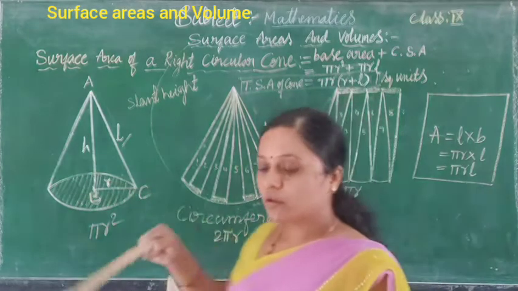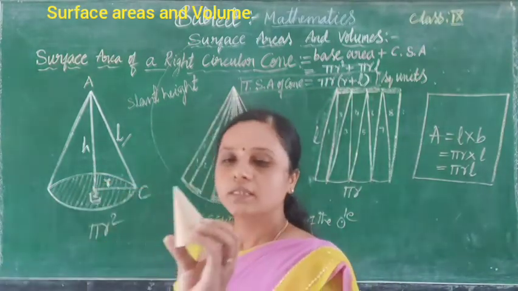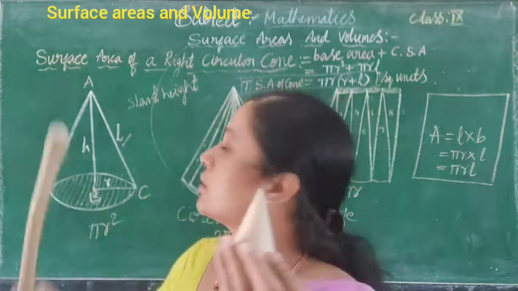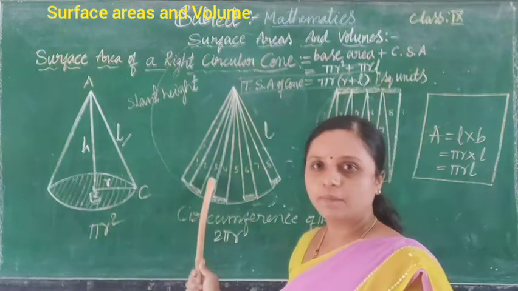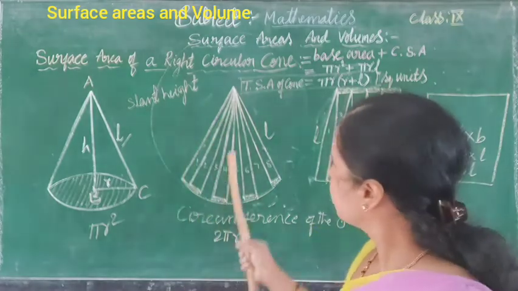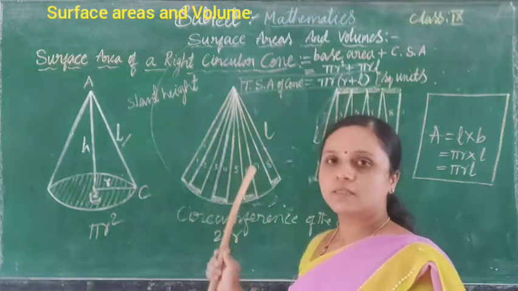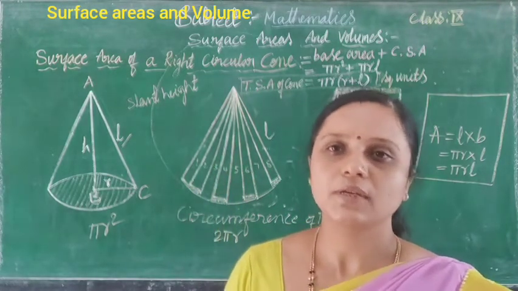And the curved surface area, finding by using this 3-dimensional figure can be written in 2-dimensional, then we get a sector shape. Sector is nothing but a part of the big circle. This sector can be divided into small pieces because the small pieces give an accurate measurement.